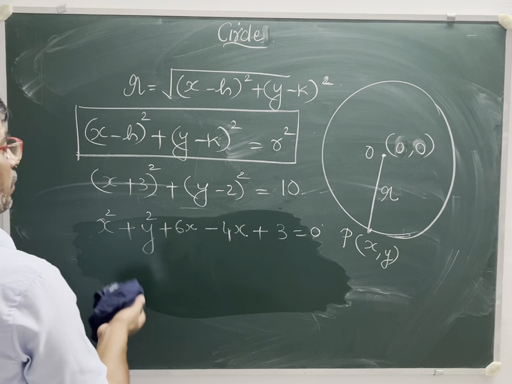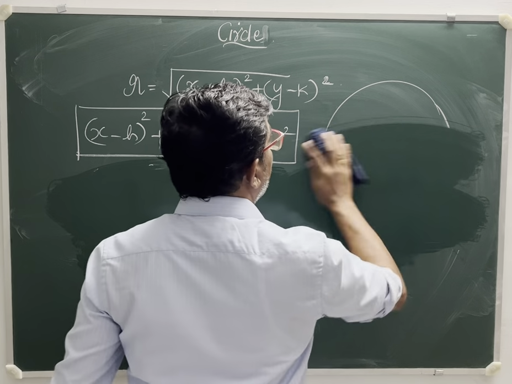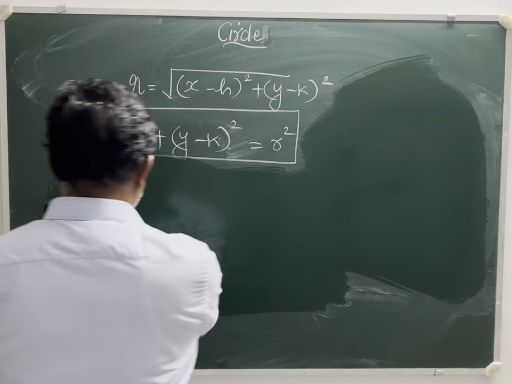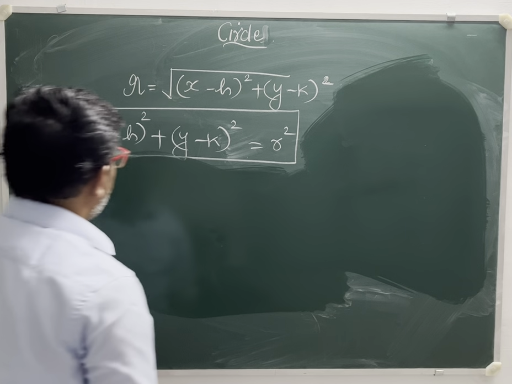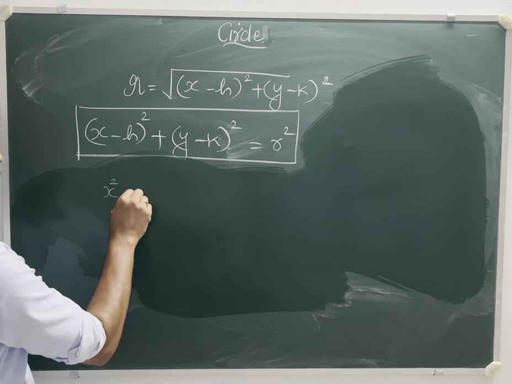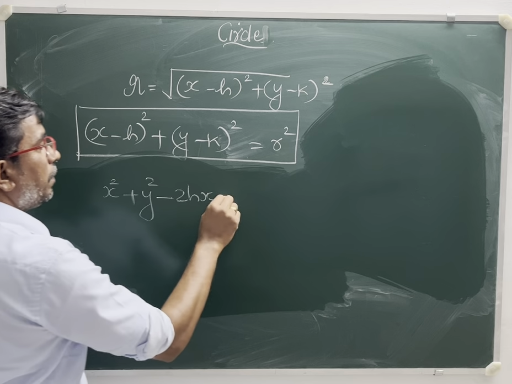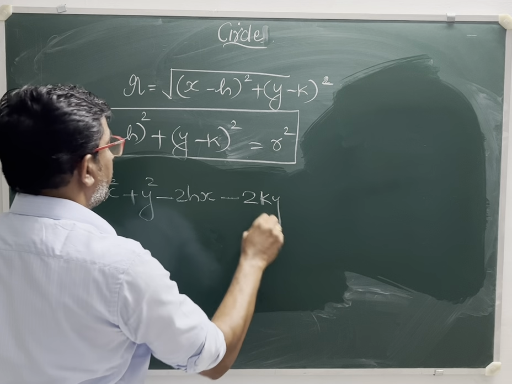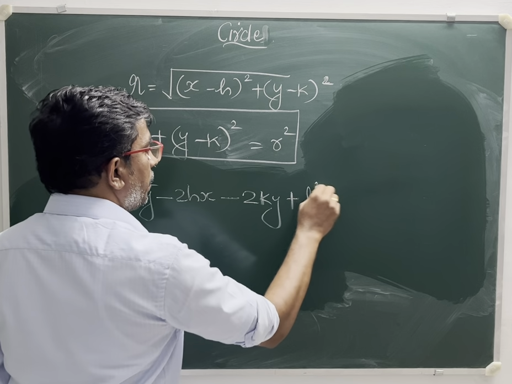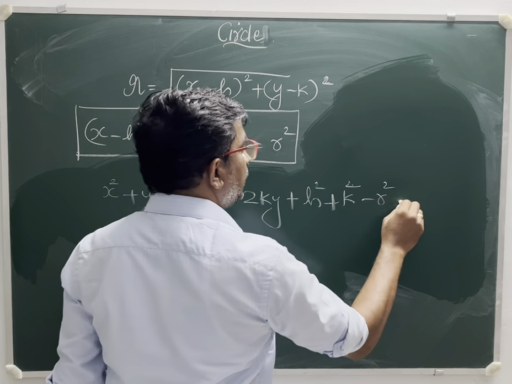So one more form which I am going to write, by expanding: x square plus y square minus 2hx minus 2ky plus h square plus k square minus r square is equal to 0.